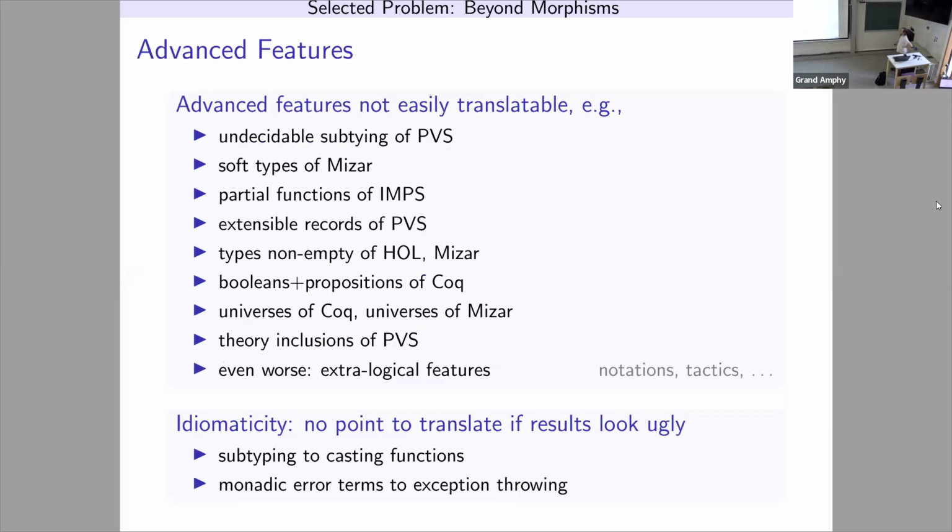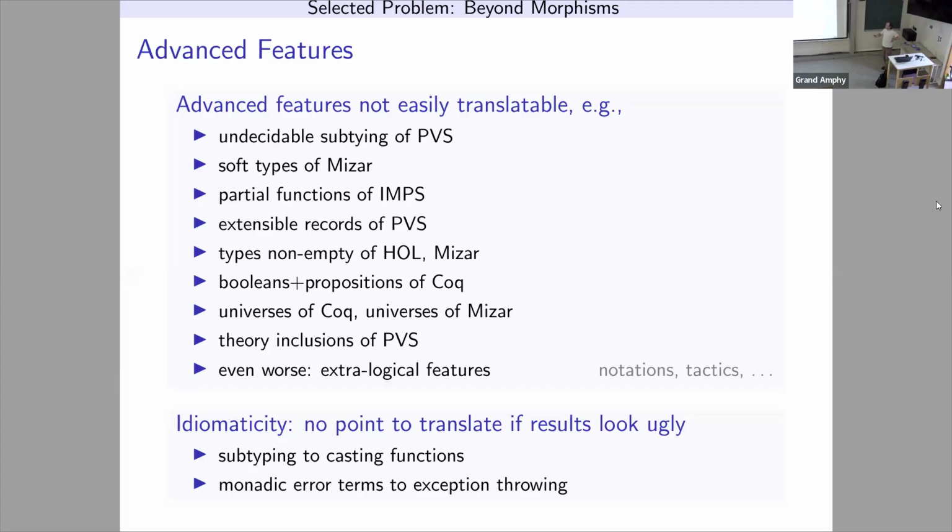Here are some typical things that lead to problems. So the PVS subtyping is undecidable. If you want to translate PVS to any language that has decidable subtyping or no subtyping at all, you're going to have to do something non-compositional. MISA has soft types.